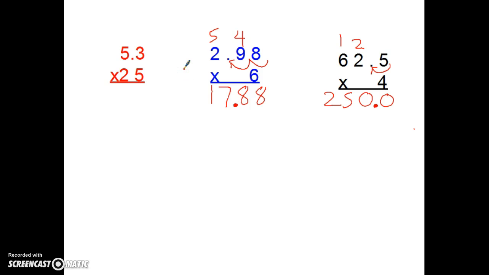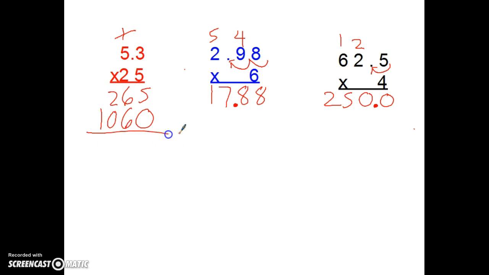Right here we have a 2-digit times 2-digit. Don't worry about the decimal point at all until the very end when you're finished with your answer. 5 times 3 is 15. Put down my 5, carry my 1. 5 times 5 is 25 plus 1, 26. Marco Polo. 2 times 3 is 6. 2 times 5 is 10.